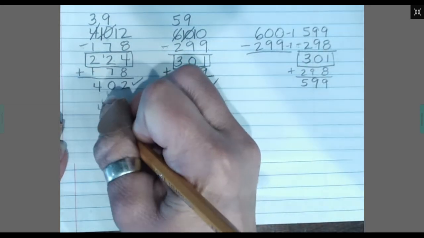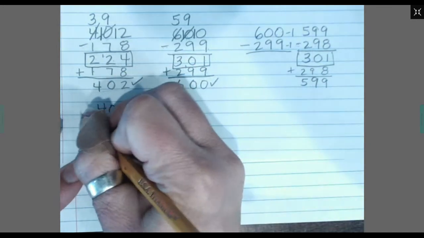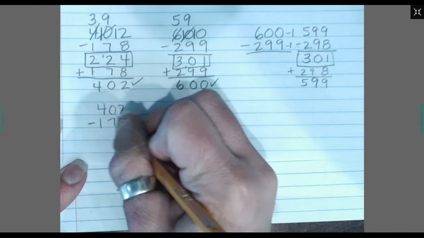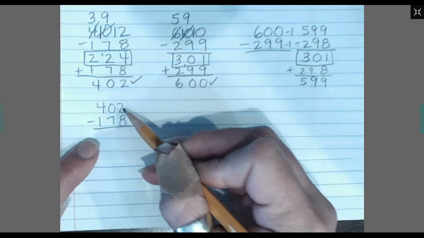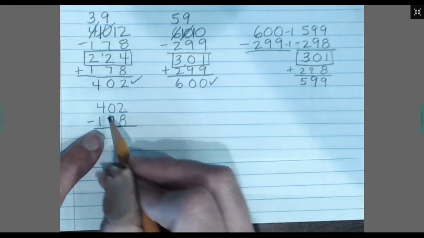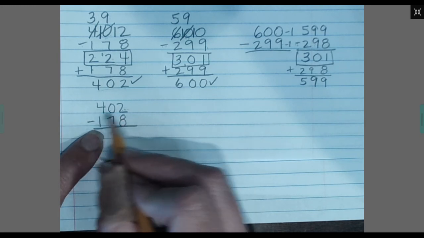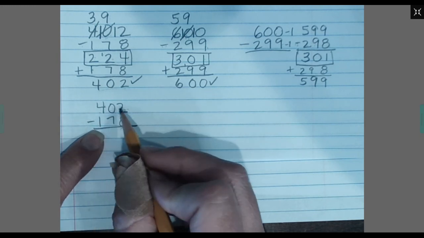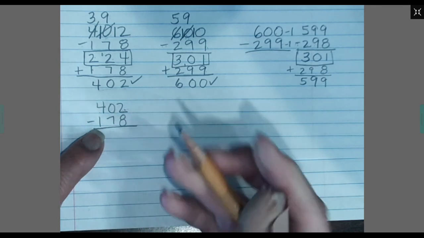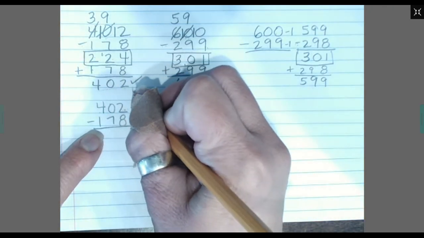So we started with 402, and we were subtracting 178. I want to get this number down so I have a 9 and a 9. How many would I need to take away for this to become 399? I'd have to take away 3. Yes.